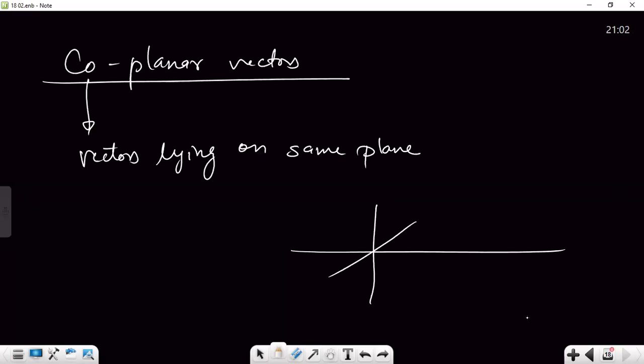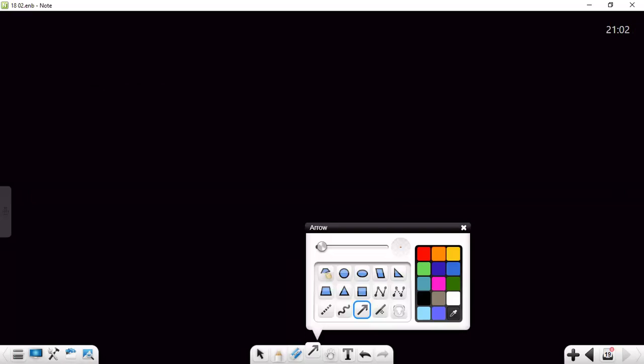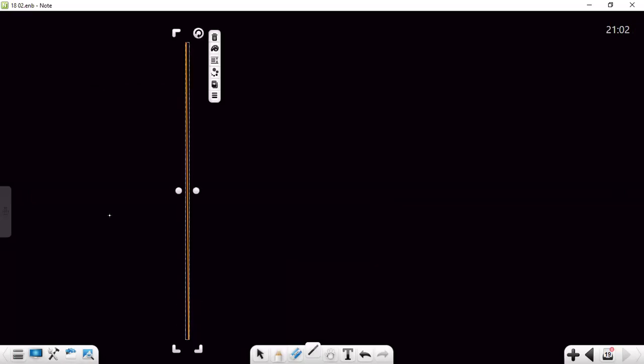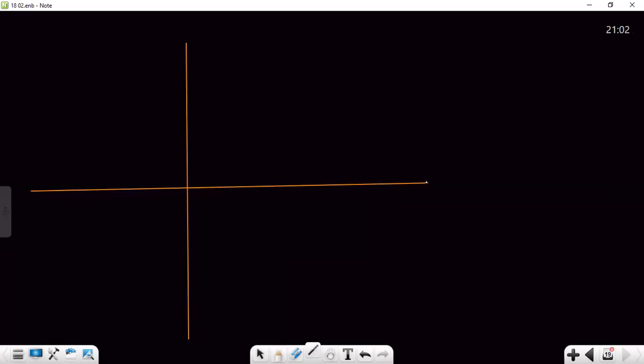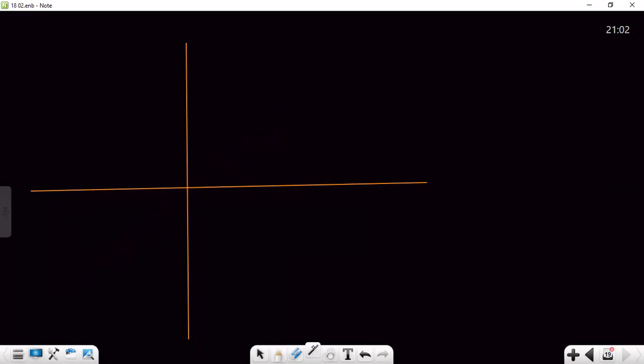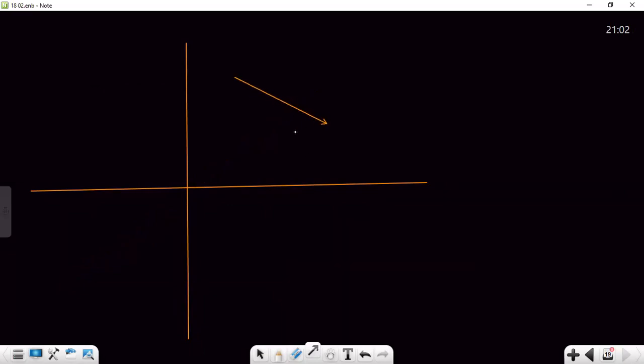I should draw a nice drawing for you to understand. This is the x-axis, y-axis, z-axis. Exclude it. The vector is lying in xy plane and another vector is also lying in xy plane.